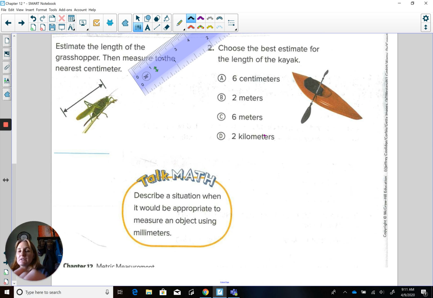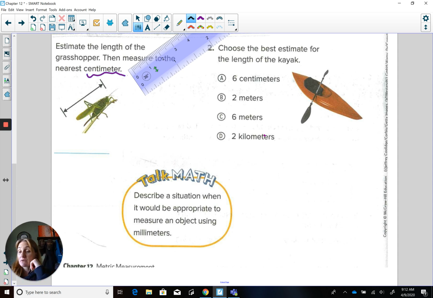For the number with the grasshopper, they measure to the nearest centimeter. So when I made it, well, I know 1 centimeter is about that.